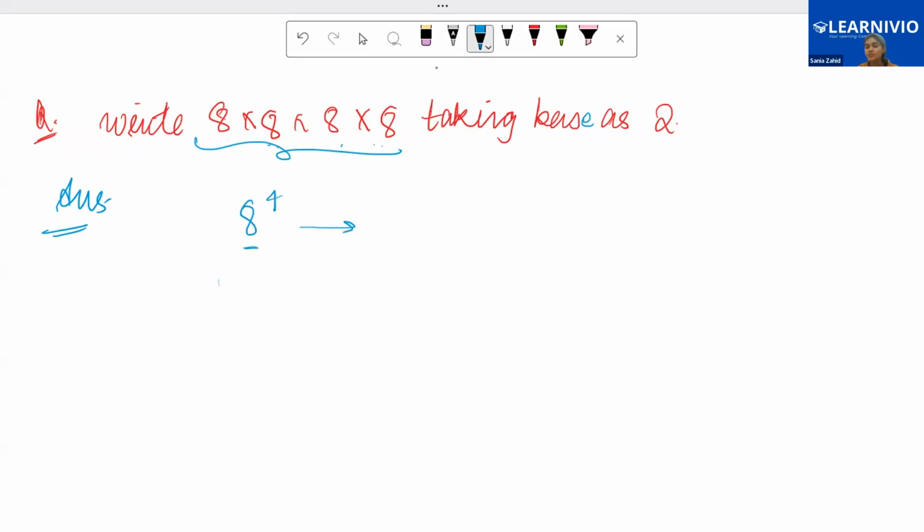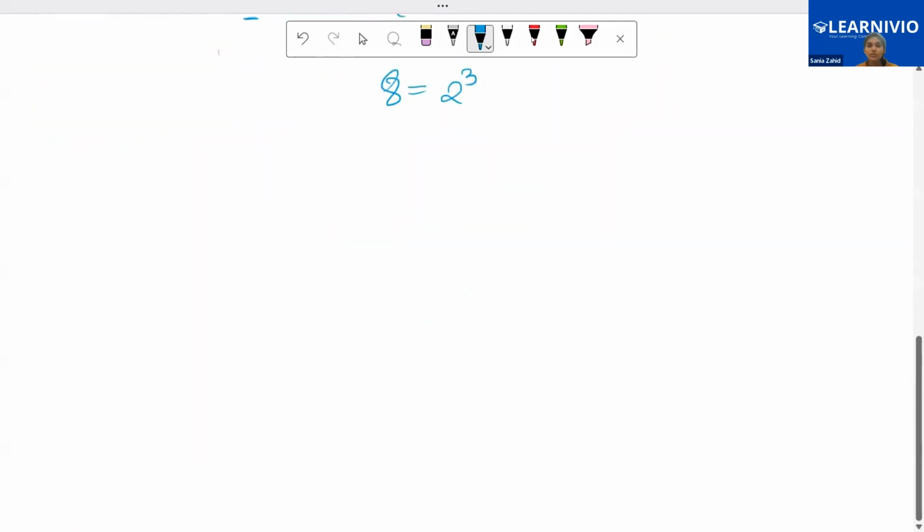How can you write 8 is equal to 2 to the power what? 3. Very good. 8 is 2 to the power 3. So instead of 8, I can write 2 to the power 3 and power 4. 4 shall remain as it is. So now I have 2 to the power 12, right? Yes, ma'am. Okay. So this is how we can do such questions.